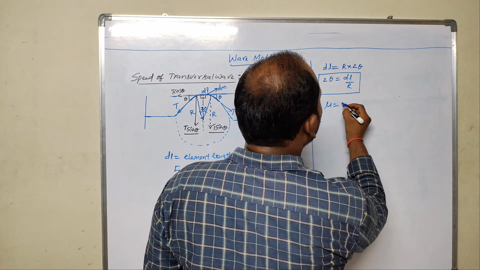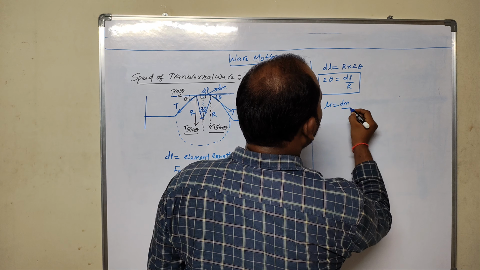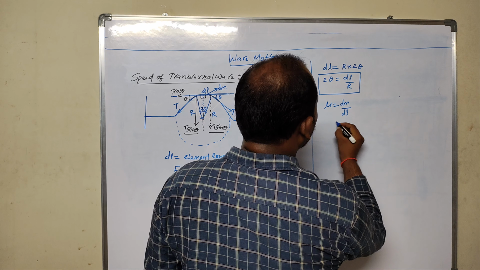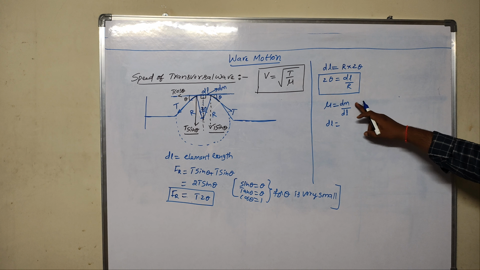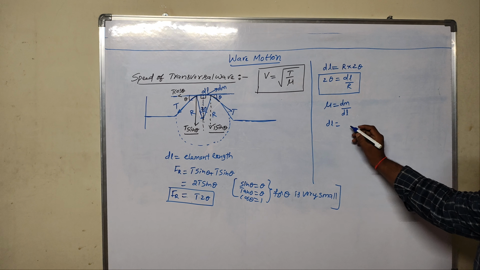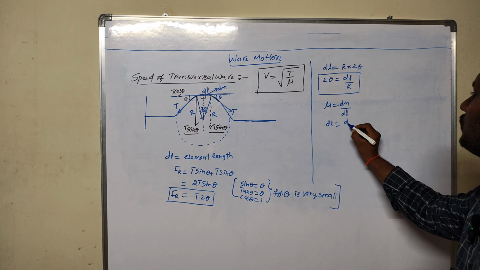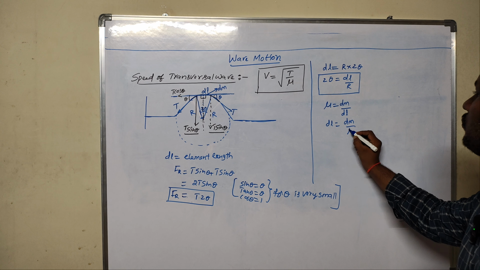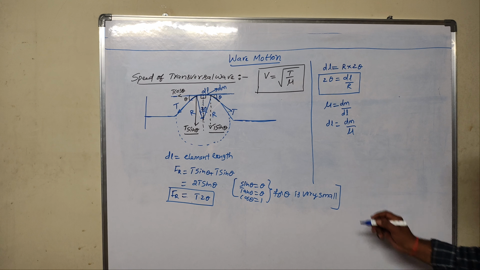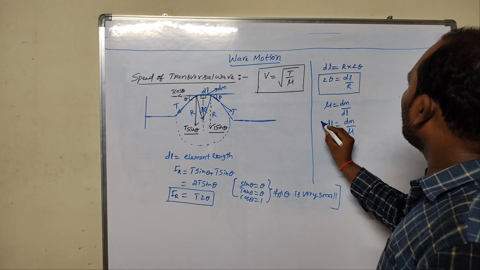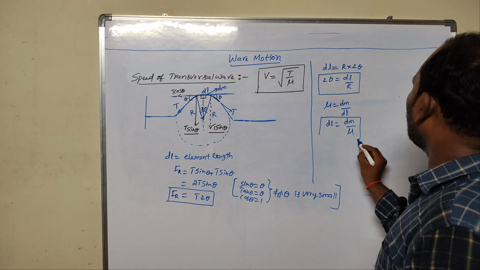So mu is equal to dm by dl. So dm is equal to what, guys? dm is mu into dl. Understood? I hope you people have understood.